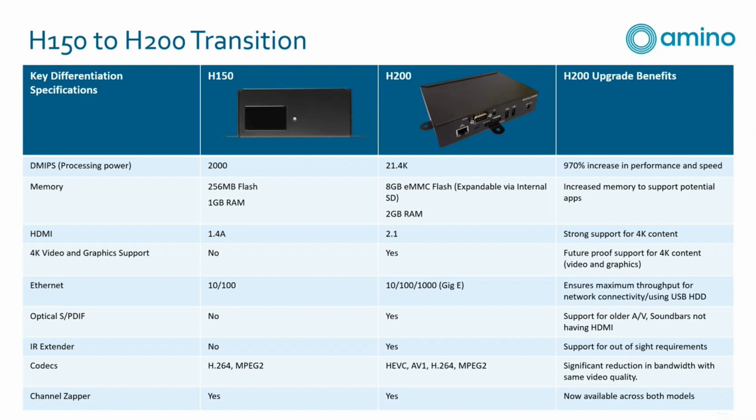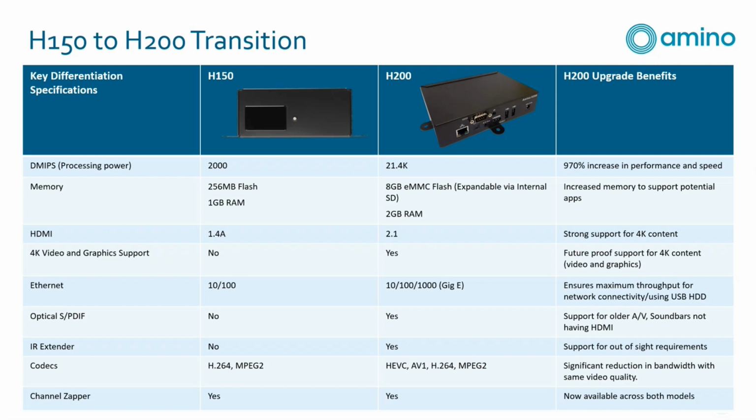And in the previous webinar, we were talking about things that were on the roadmap and transitioning from the H150 to the H200. And at that time, we were just about to finish up some of the work on the channel zapper. We can now definitely confirm that that is there today.